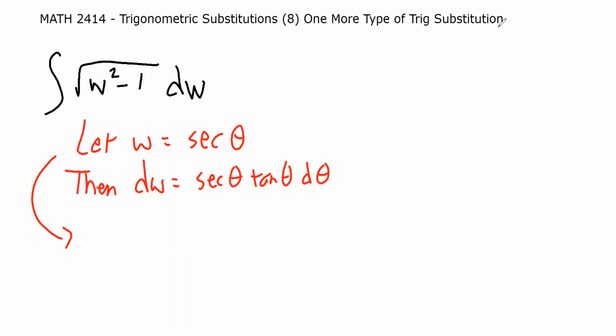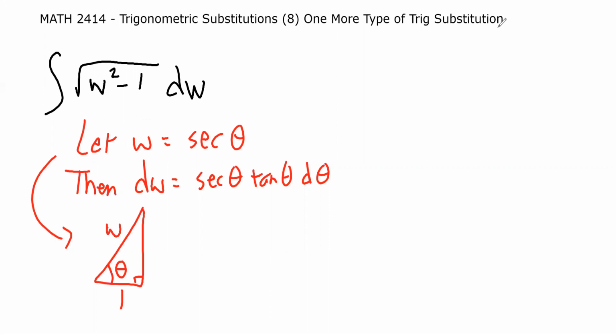We also need to draw a picture of theta to use when we undo the substitution. Secant is a reciprocal of cosine. Cosine is adjacent over hypotenuse. So secant is hypotenuse over adjacent. We need hypotenuse over adjacent to equal w. So if we put a hypotenuse of w and an adjacent side of 1, then cosine of theta would be 1 over w, so secant of theta would be w over 1, aka w.